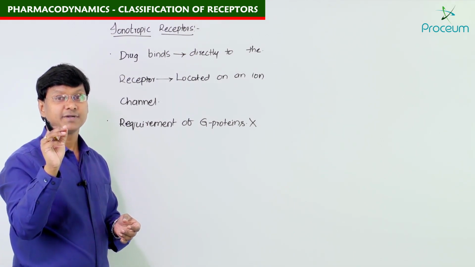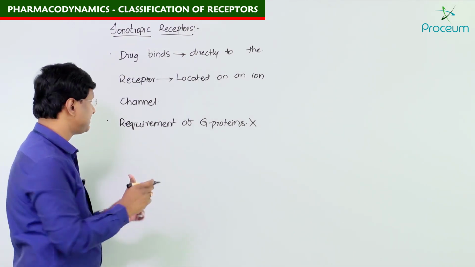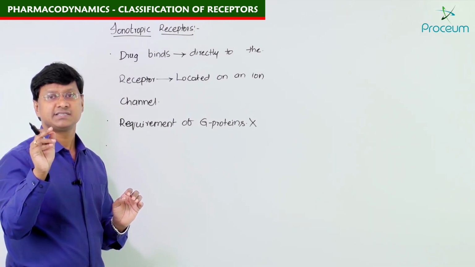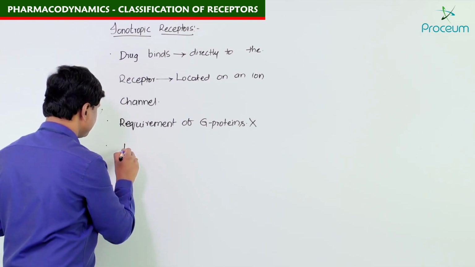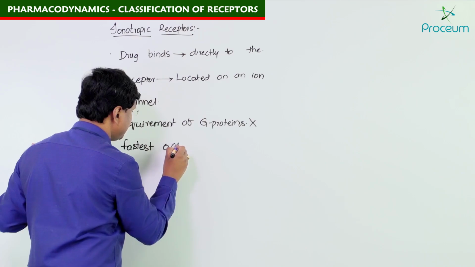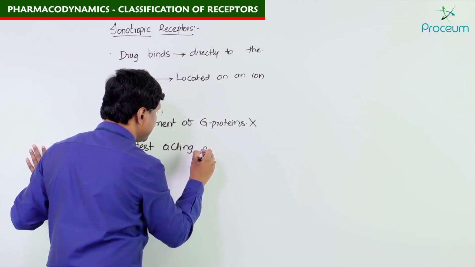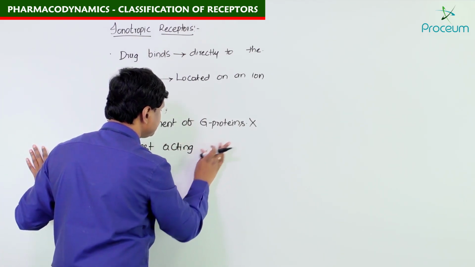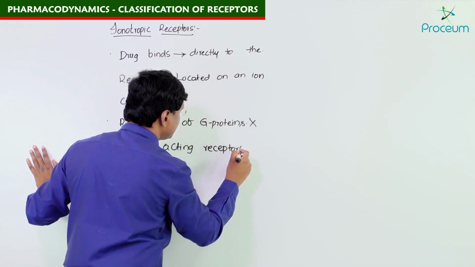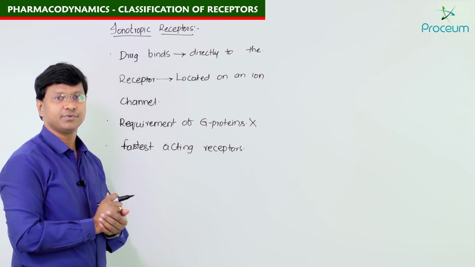Now a very important multiple choice question regarding the ionotropic receptors: remember, the ionotropic receptors are the fastest acting receptors. This is one of the very important points.